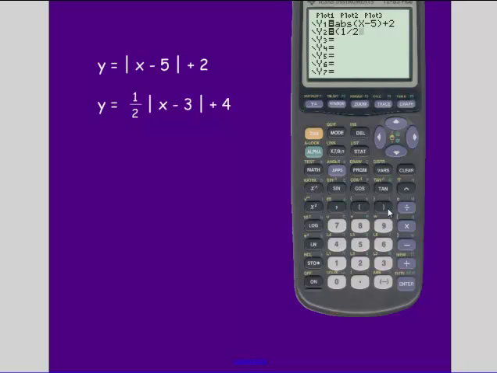One half, I'm going to use the times symbol, then go get math, number, absolute value again, x minus 3, end the parentheses, plus 4. Let's see if we can see 2 intersections on this one. I'm going to go back to a standard zoom so I can see those a little bit better.